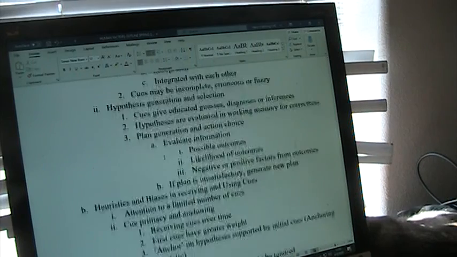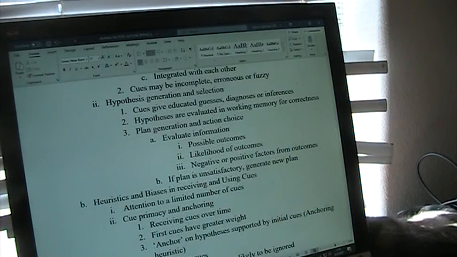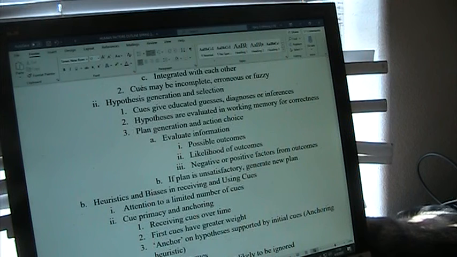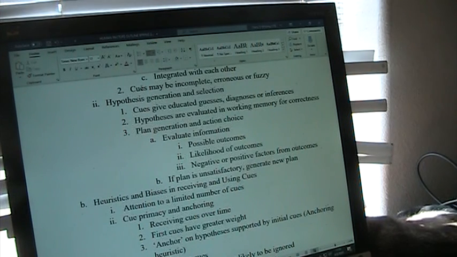The problem is the cues may be incomplete, they may be erroneous, they may be fuzzy. We may be getting cues that only tell us part of the story, they have nothing to do with the situation, or it's a cue we never got before, or we're not sure if it's related. So that is the first part.